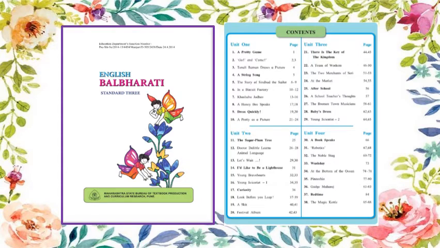This is the first page of English Balabharati textbook, and this is the contents page. Here, the contents is divided into 4 units, and each unit has some poems and some proses, means lessons. Now, here we can see some of the poems which are very short and they are the best poems.